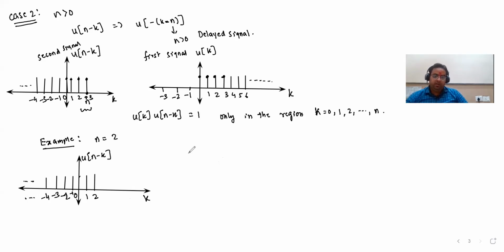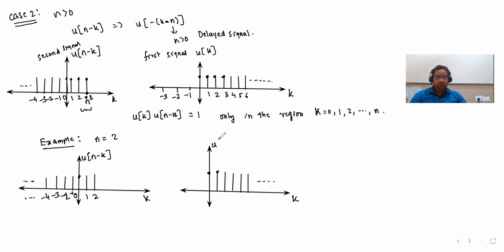And what will be our u of k? u of k will be the same u of k which we have seen till now. These are all one values only. This is our u of k, here also it is having one, and so on.